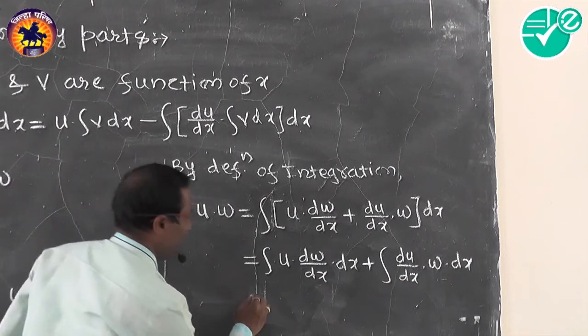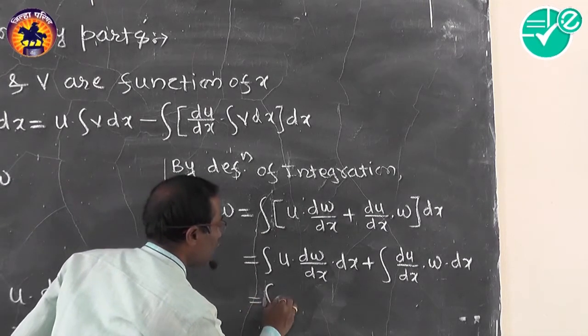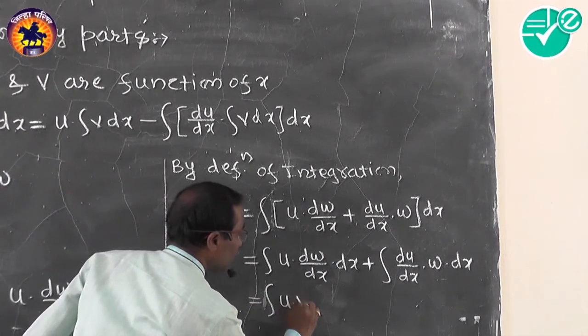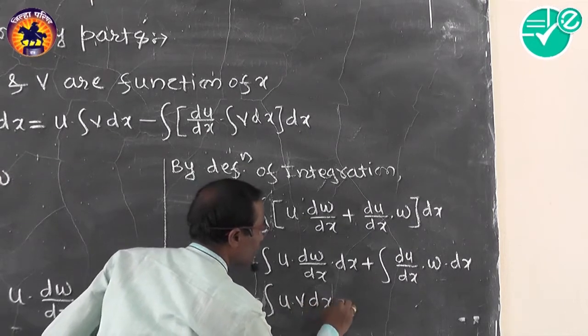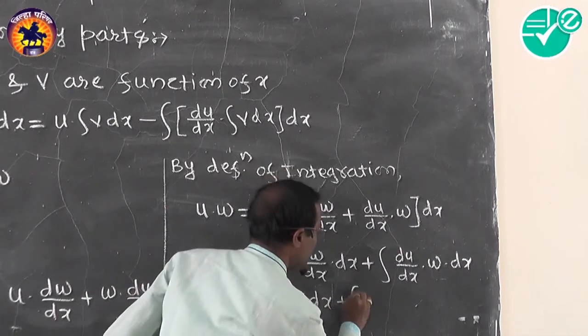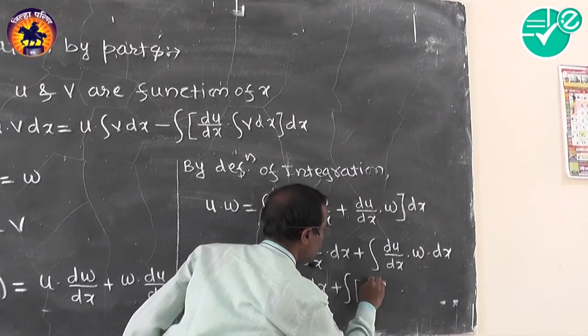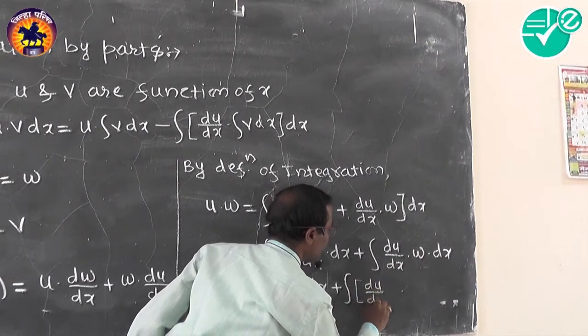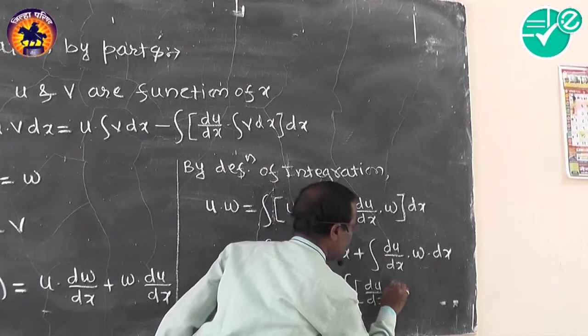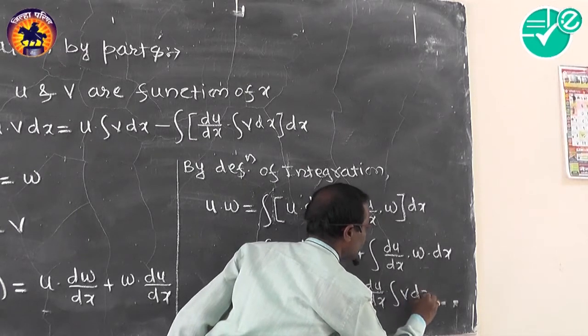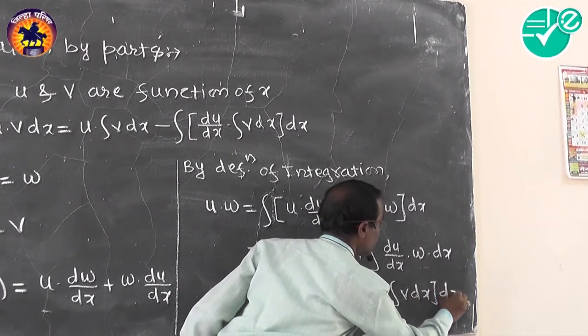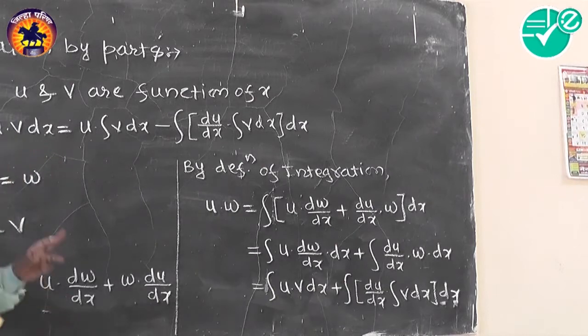So this can be written as the integral of u into v dx plus the integral of du by dx into the integral of v dx with respect to x. We substitute the value of w.